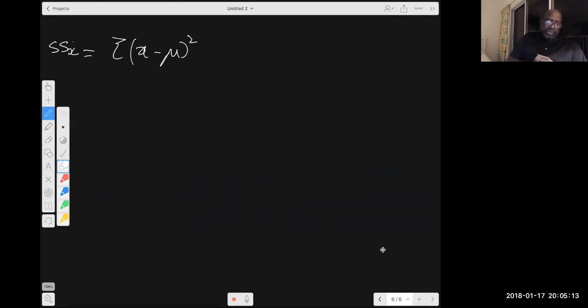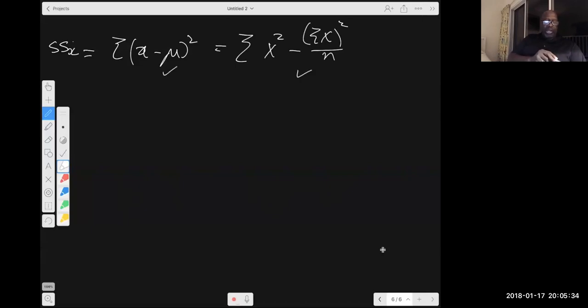We can prove that this is the same as the sum of the x squareds minus the square of the sum of the x's divided by n. It is exactly the same value, but a lot easier to calculate.